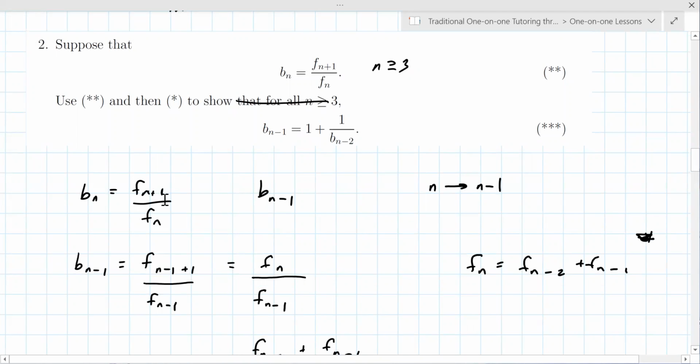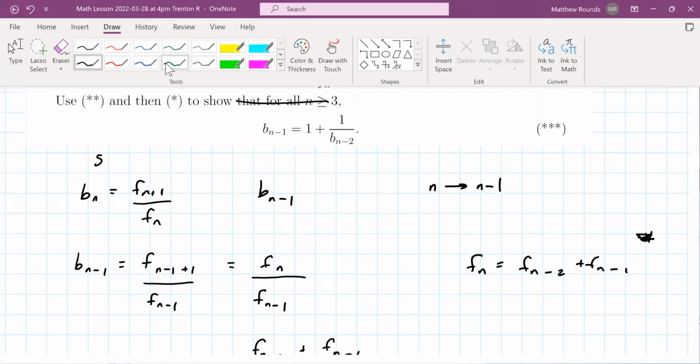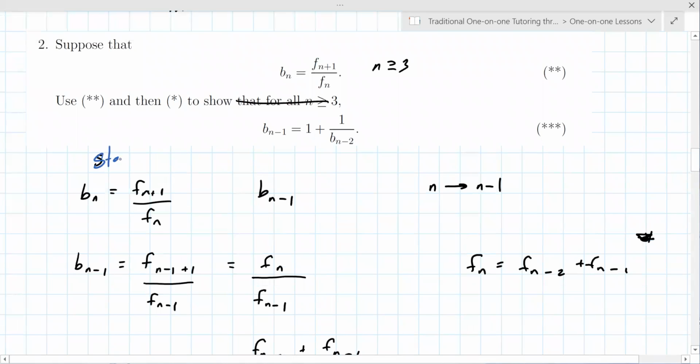All right, so this is where we started here. Let me do it in blue, a different color. We started here, and then we went here, and what we did is we re-indexed, basically using this right here. We went from n to n minus 1. And that was our result.